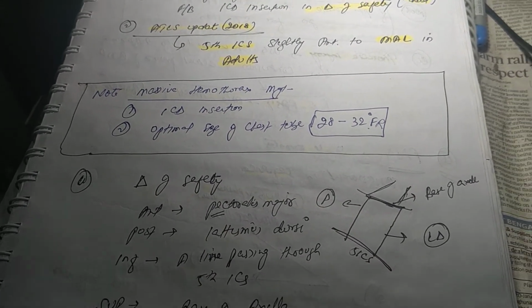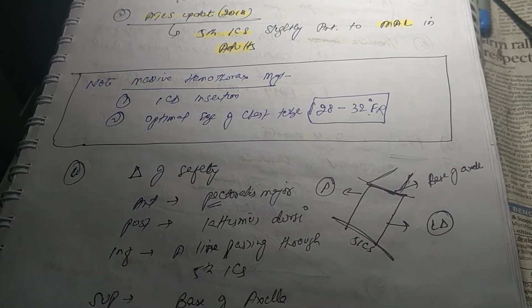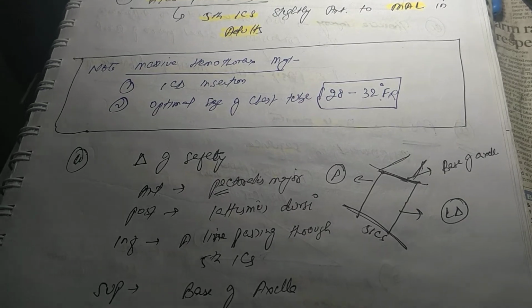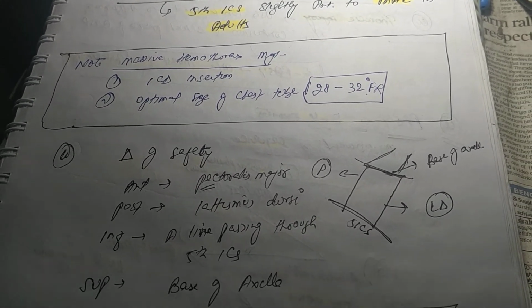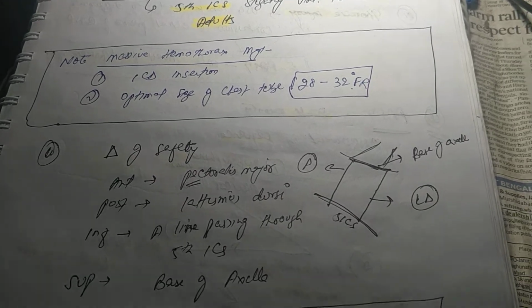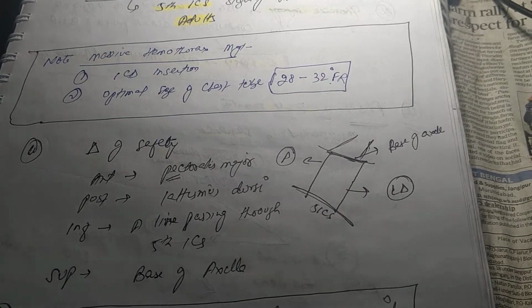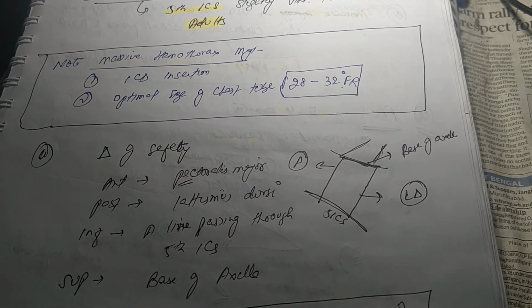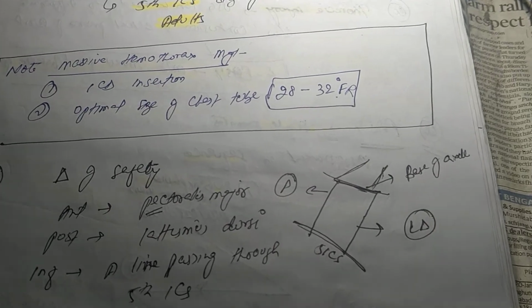Okay, now the question comes, what is the triangle of safety? And even this question was already asked. The triangle of safety: anteriorly you will find the pectoralis major, posteriorly the latissimus dorsi, inferiorly a line which is passing through the fifth intercostal space, and superiorly the base of the axilla. Look at this diagram here.